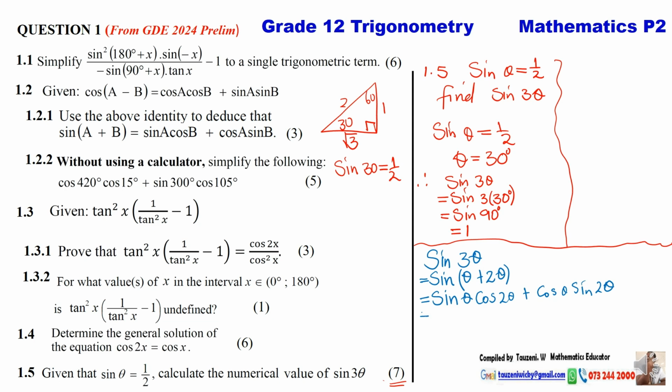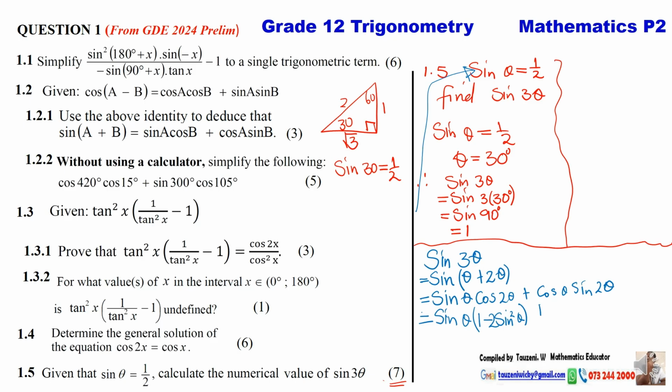Given that in the beginning we are given the value of sine theta, which is equal to 1 over 2, it informs us that we need to simplify this expression and make sure that we have sine theta throughout so that we can substitute at the end of the day. So going forward, we have sine theta, and the cos of 2 theta has to be substituted by 1 minus 2 times the sine squared of theta from the double angle identities.